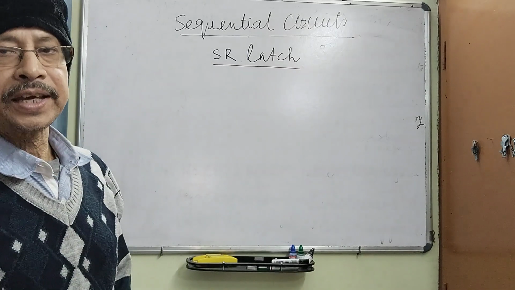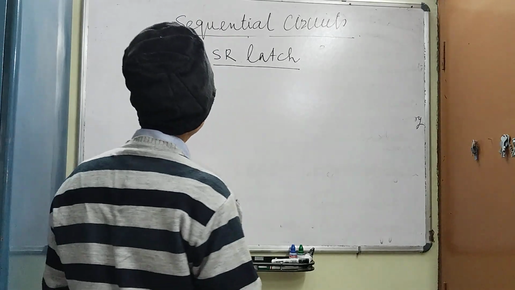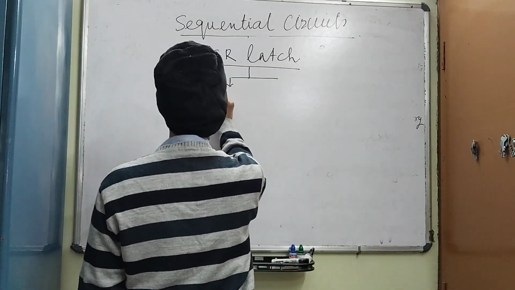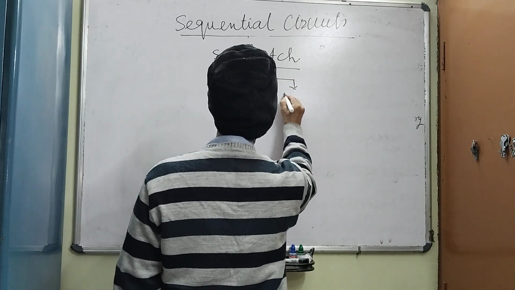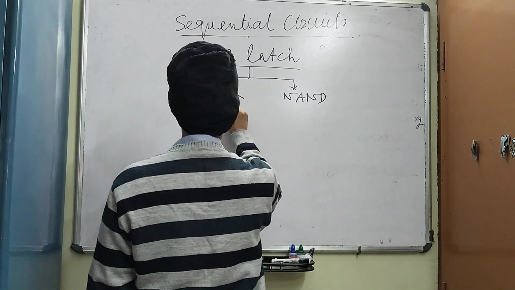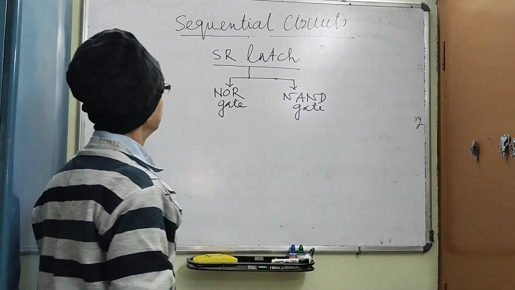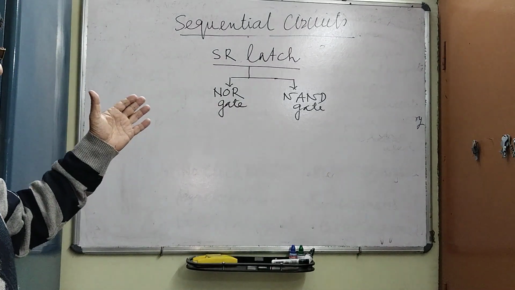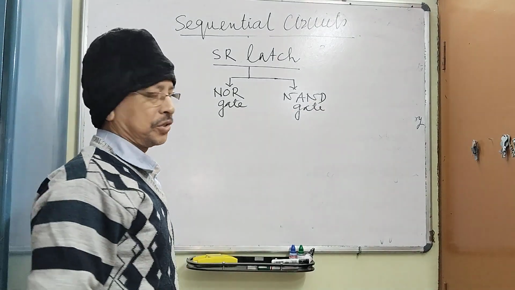An SR latch can be designed with the help of two types of gate: one is the NOR gate and the other is the NAND gate. So this type of latch can be explained with the help of NOR gate and NAND gate.